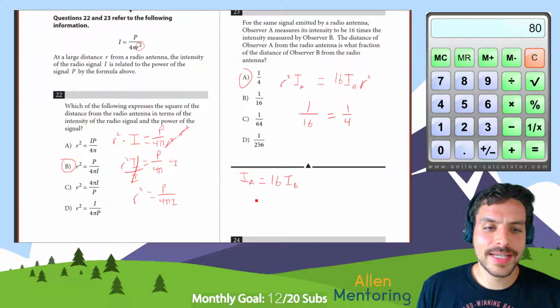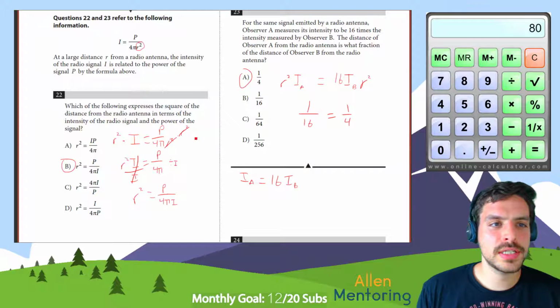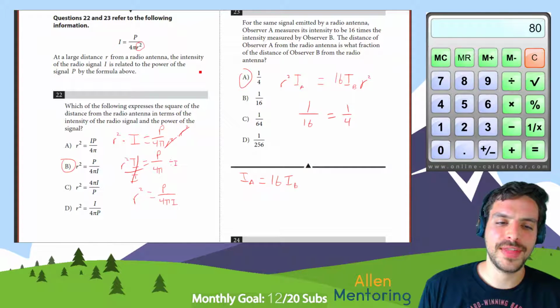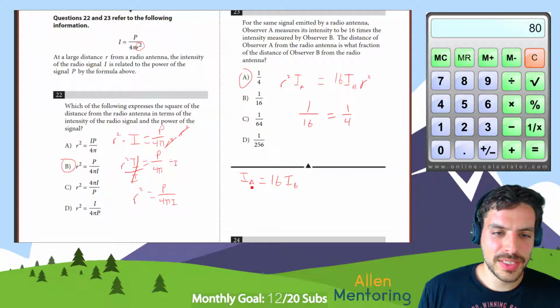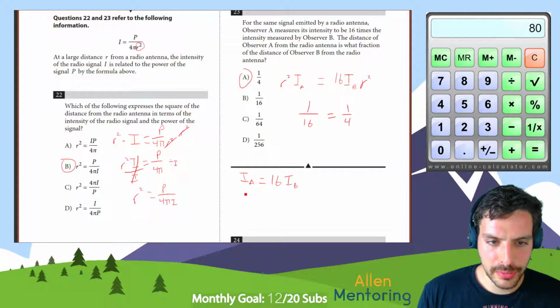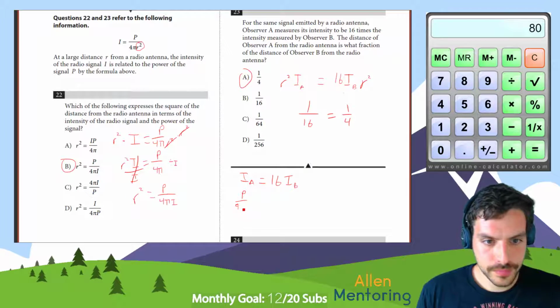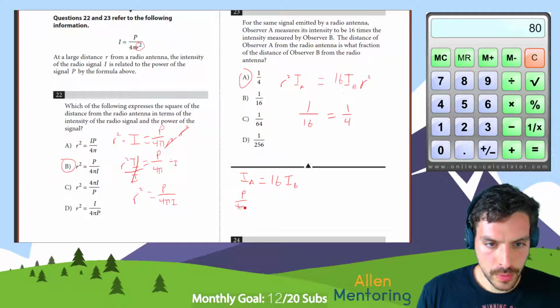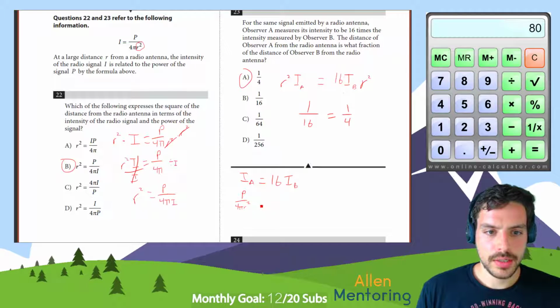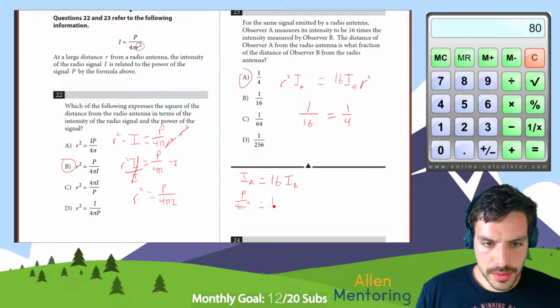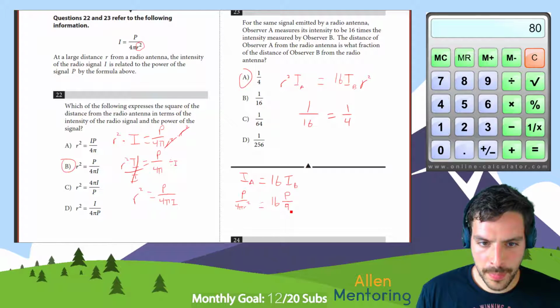All right, and so the next step is let's replace both of these with the original equation. And so I'll show you what I mean by everything else cancels out. So how do we replace the intensity for A? I'll just use this original equation. So P over 4 pi r squared equals 16 times P over 4 pi r squared.